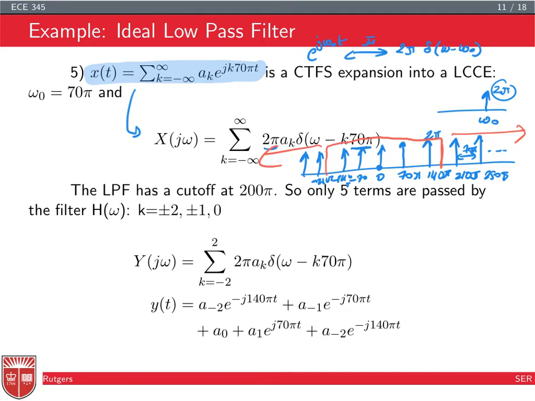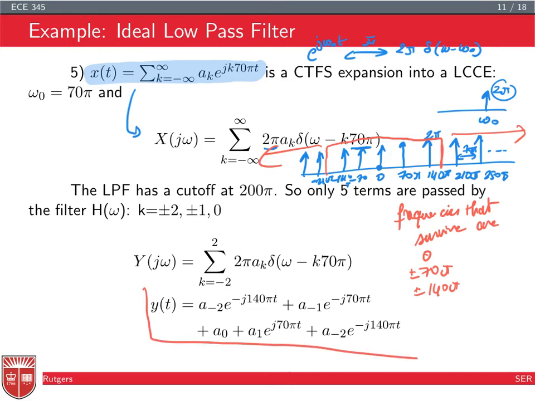What's going to let go through, the frequencies that survive, are the 0, the 70π, the 140π, and the corresponding negative frequencies. So all these 5 frequencies are going to survive, and this is what's going to go through.